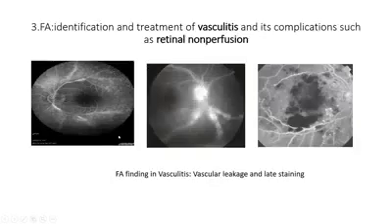But the major advantage of fluorescein angiography is the detection of retinal vasculitis, whether involving the arteries or veins, and also the complications of occlusive vasculitis, like ischemic maculopathy or peripheral areas of non-perfusion.